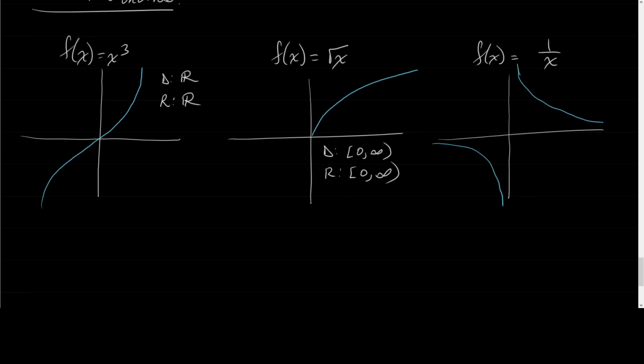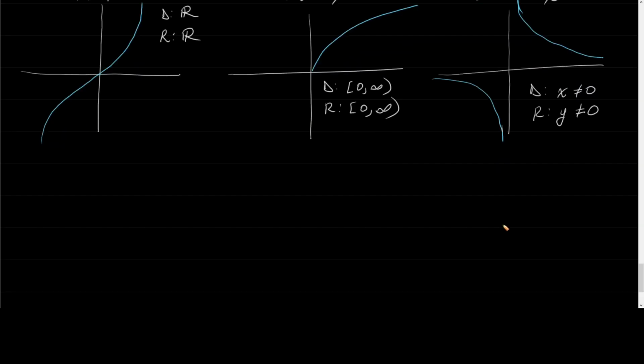Where we've got a horizontal asymptote of 0 and a vertical asymptote also of 0. In here, the domain is x cannot be equal to 0. And the range is also, well, y cannot be equal to 0. So those are both asymptotes in that case. We'll talk more about asymptotes later on.